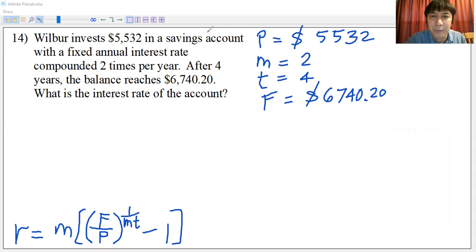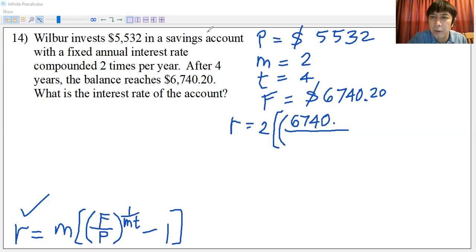So let's use the formula. We have R equals, we have M, that's 2. We put that particular grouping symbol and then the parentheses. Let's write the F. Our F is 6,740 and 20.